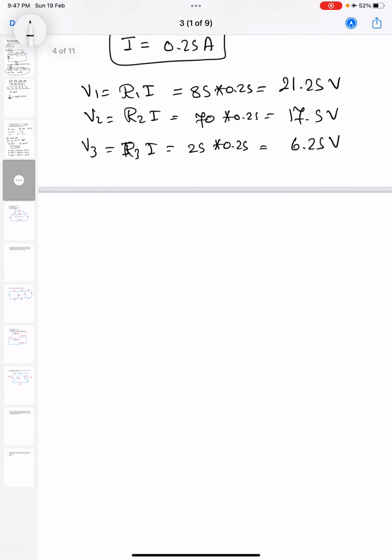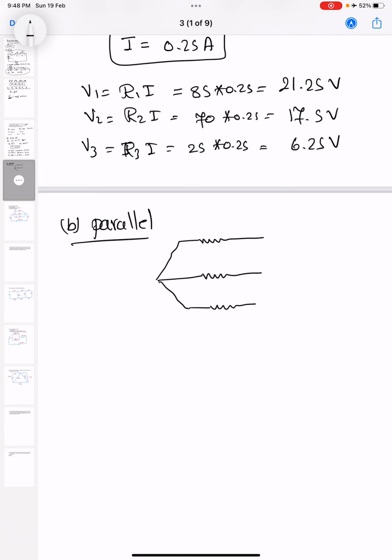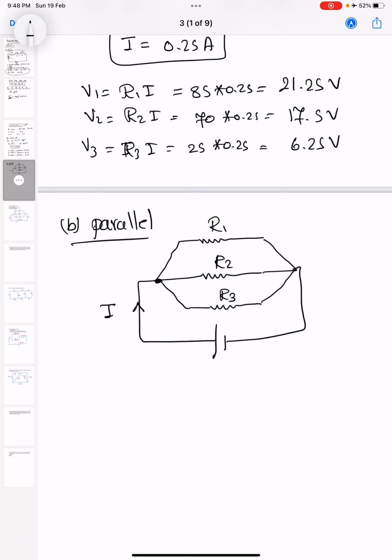The second way to connect resistors is parallel. How? Like this. This is the first resistance, second resistance, third resistance, and here the battery. This is R1, R2, R3. Here the total current I must be divided at this point or junction.